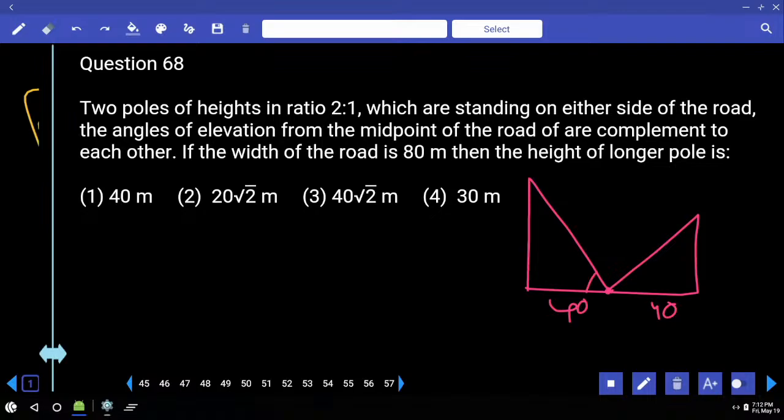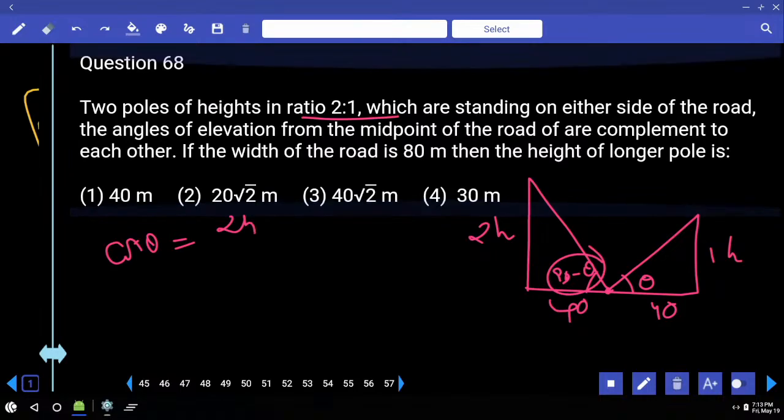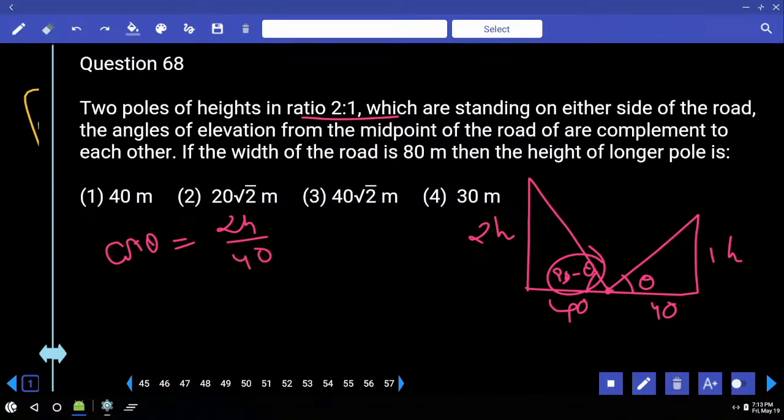They are complementing. The angles are complement to each other. One is theta, another is 90 minus theta, for example. So the heights are in the ratio 2:1. For example, 2h, 1h. If we apply tan here, tan 90 minus theta is cot theta, which is 2h by 40. What about another triangle? Tan theta equal to h by 40.